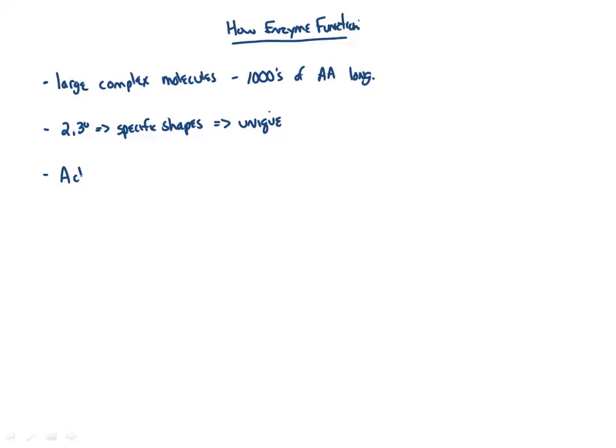So the first thing we want to look at is the active site. Even though we have a very large, complex molecule, the active site is usually a very small area on an enzyme. It usually is approximately 1 to 5% of the total surface area.